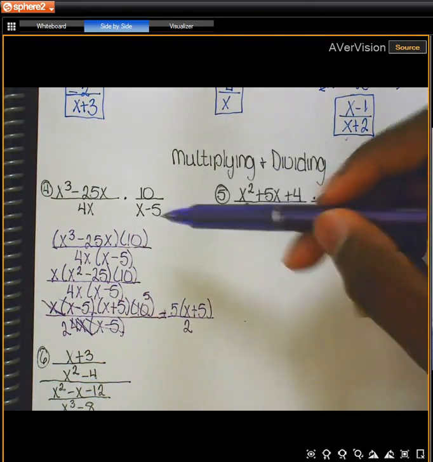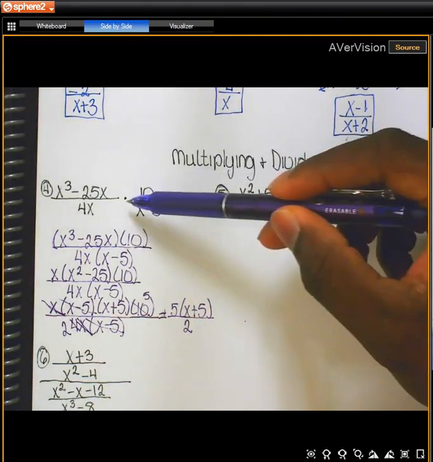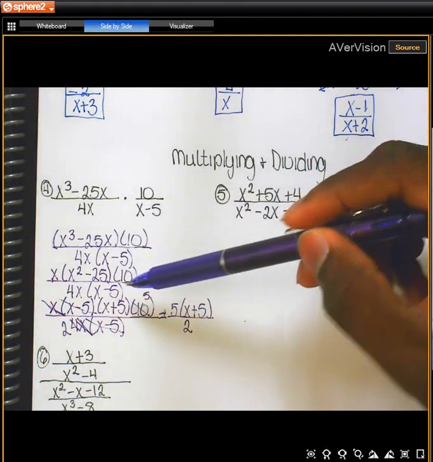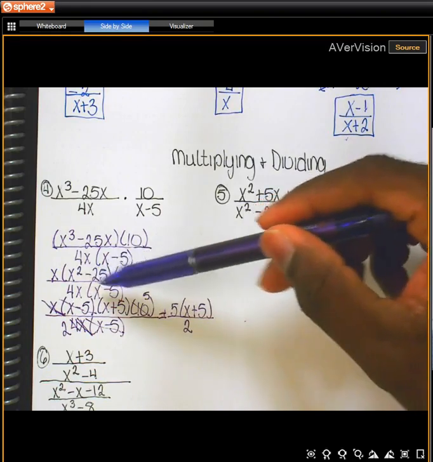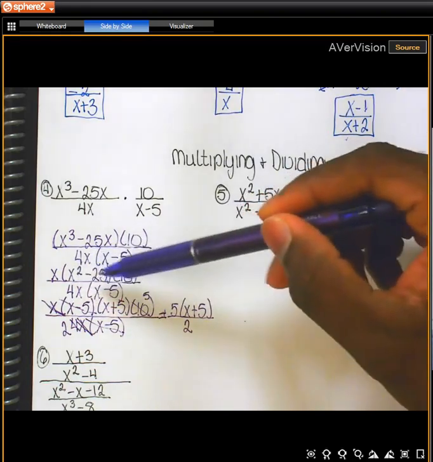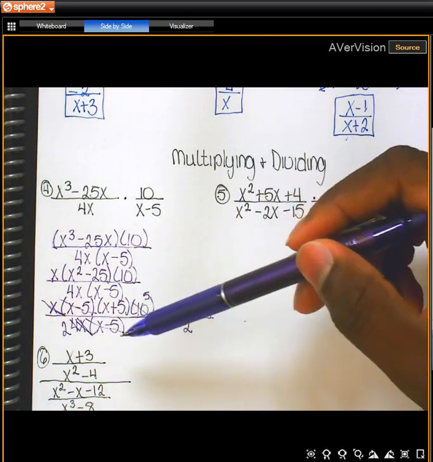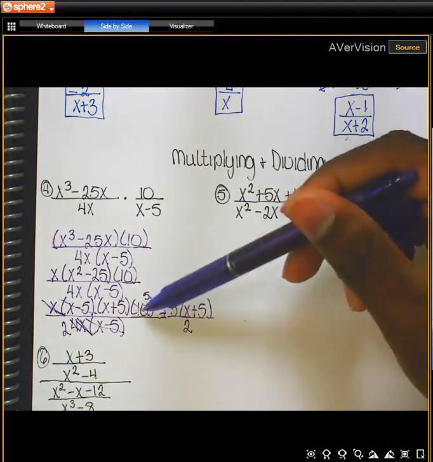So first thing we do is combine it into one fraction. We can do that when it's being multiplied. Second thing is to expand it as much as we can. Factor out GCF and factor problems like this one. And then after we factor it, see if we can cancel anything out from the numerator and the denominator, including the numbers.